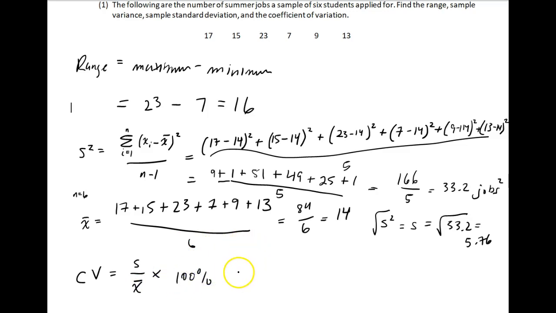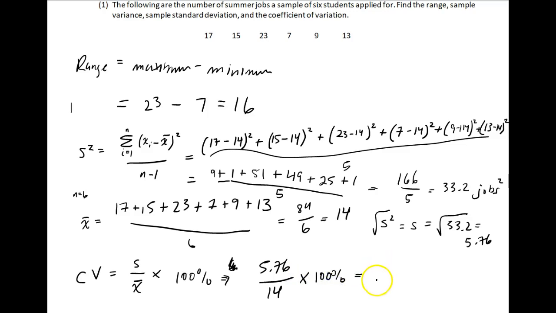Okay, and so we have 5.76, which is our standard deviation, divided by the mean of 14. And then we times that by 100%.